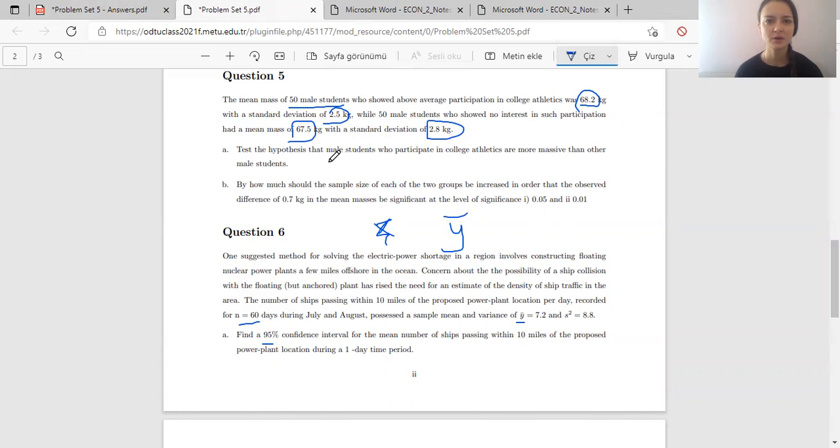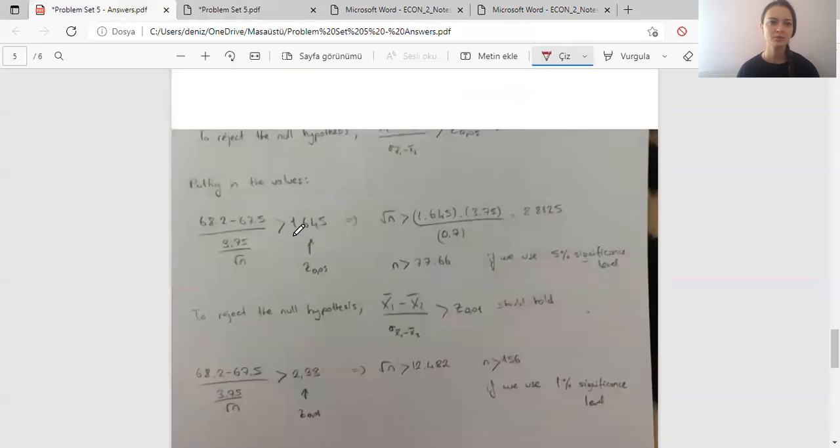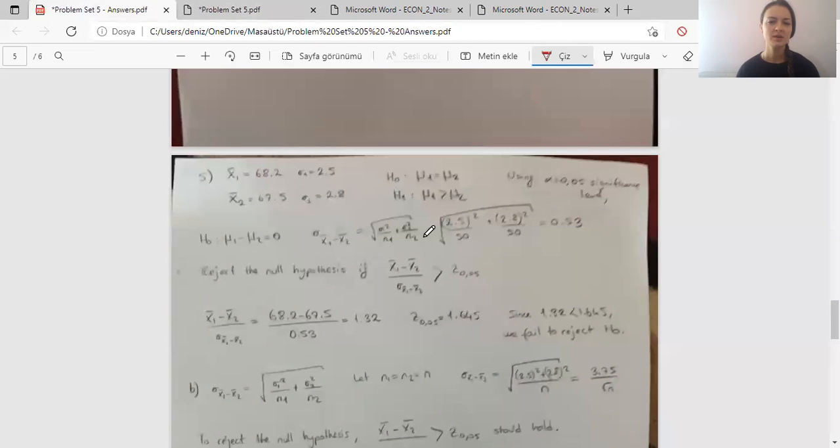So the H0 here in this question: we are trying to prove that these two different groups have no differences in their mean weights. Then we write the null hypothesis and the alternative hypothesis. Let's assume that the null hypothesis is that the mean of the first group is equal to the mean of the second group.